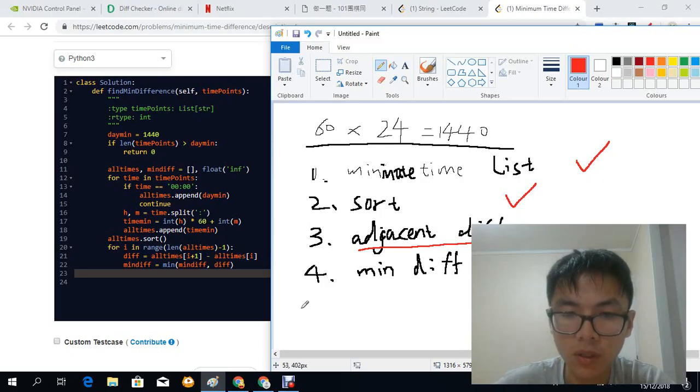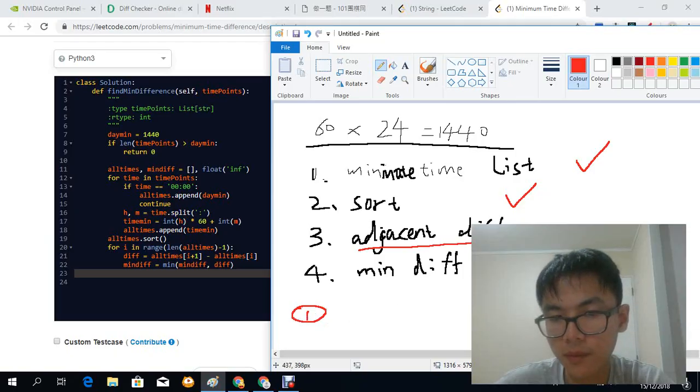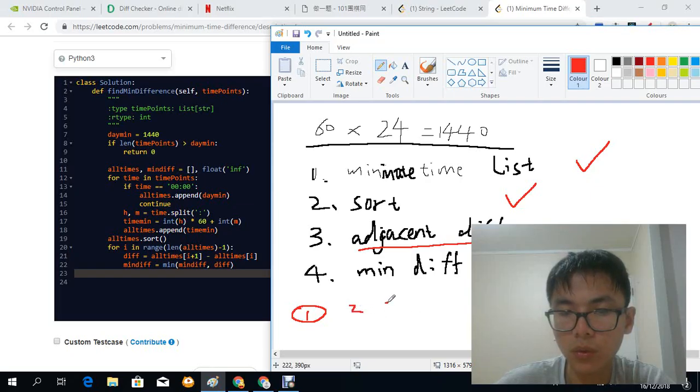So the smallest time, for example, let's say 1, and the biggest, let's say 10. So we get 2, 3, 4, 5, 6, 9, 7.